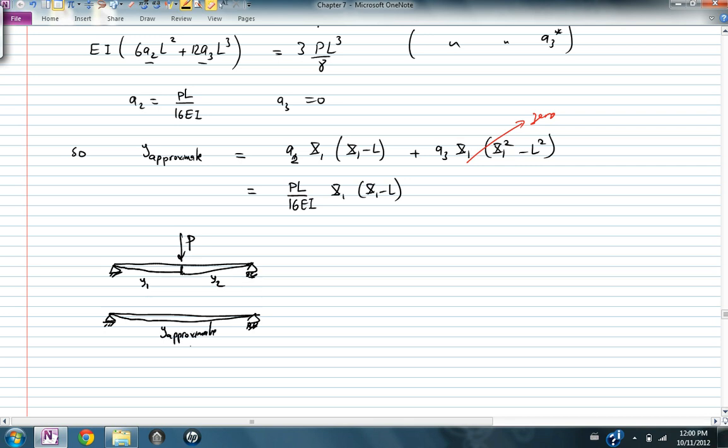And if you now substitute, let's say P over EI is 1, and use L equal to 1, then you'll see the following.